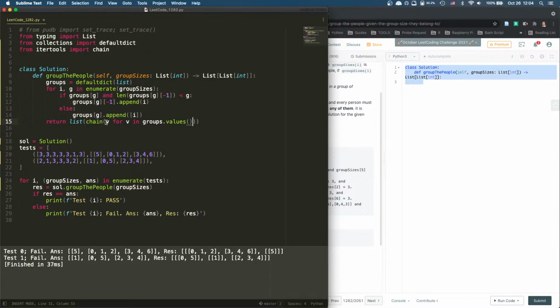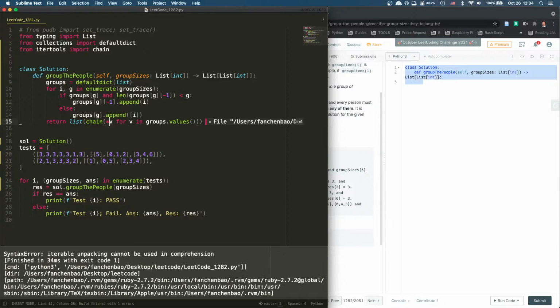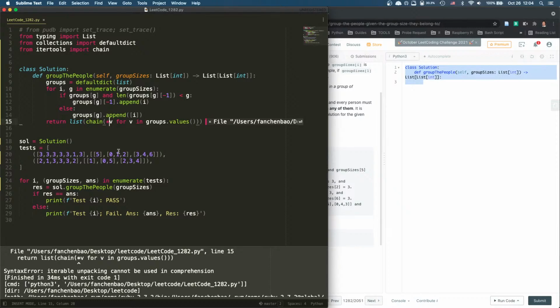I think we need to deconstruct it. Cannot be in comprehension. Wait, it cannot be in the value itself. Hold on. The value itself is a list of lists.